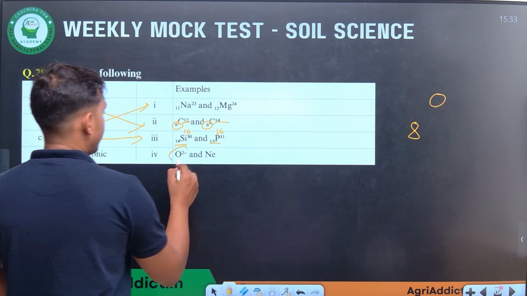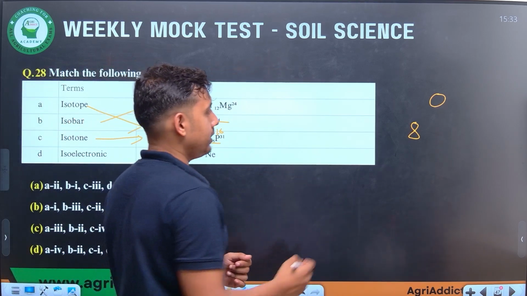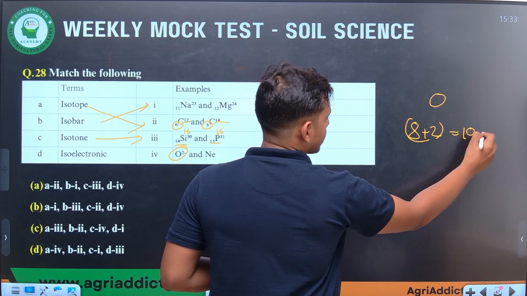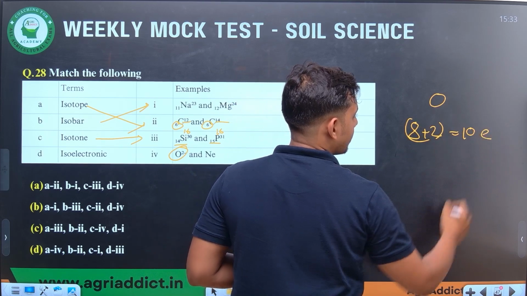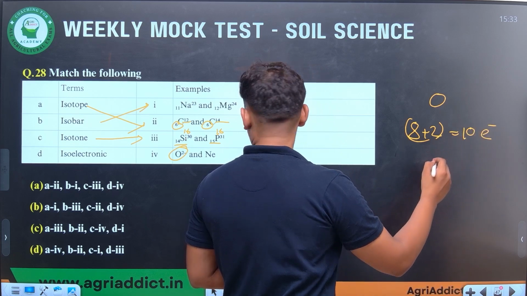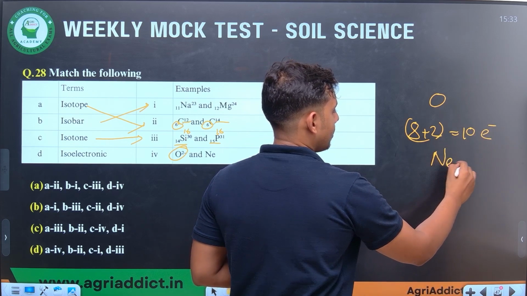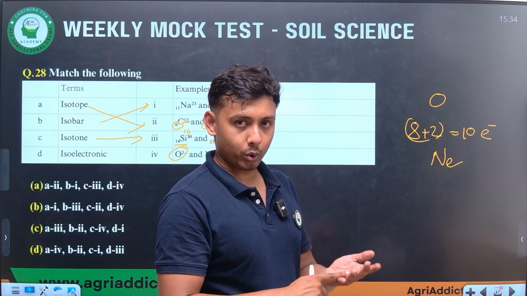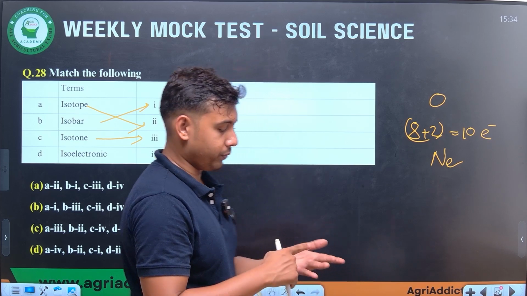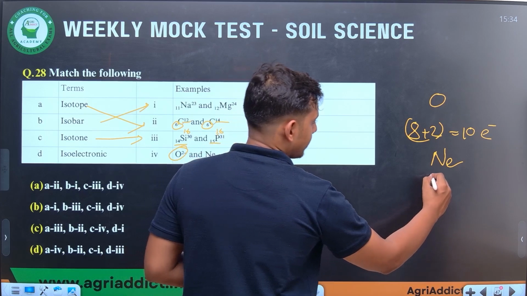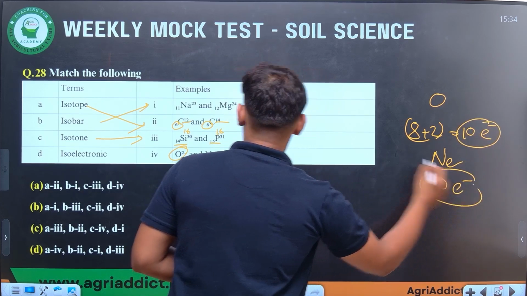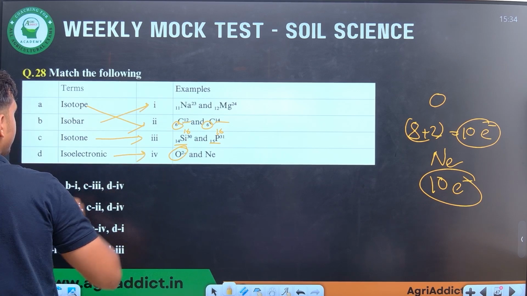And O2 minus means 2 electrons more, that is 10. 10 electrons are present in O2 minus. And for neon, what is the electron number? Hydrogen, helium, lithium, beryllium, boron, carbon, nitrogen, oxygen, fluorine, and neon, 10. It is 10. So the electron number is the same. So these are isoelectronic.